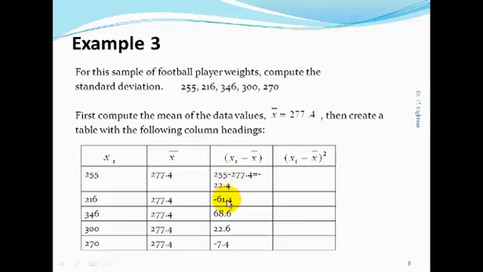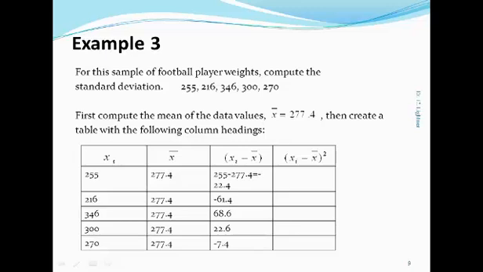In the next row, we do the same for the data value in that row. 216 minus 277.4 is equal to negative 61.4. In the next row, 346 minus 277.4 is equal to 68.6. We do the same for the remaining two data values.